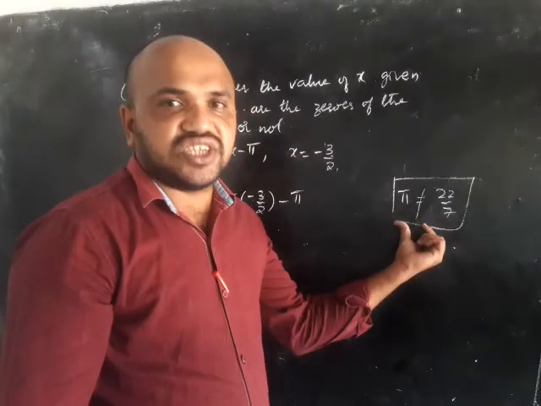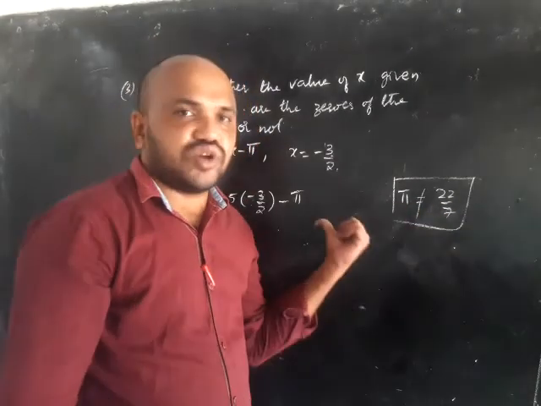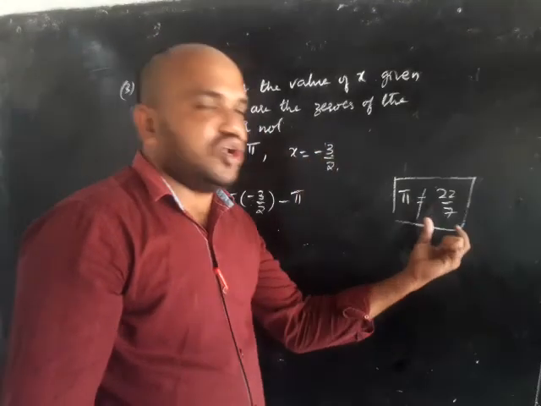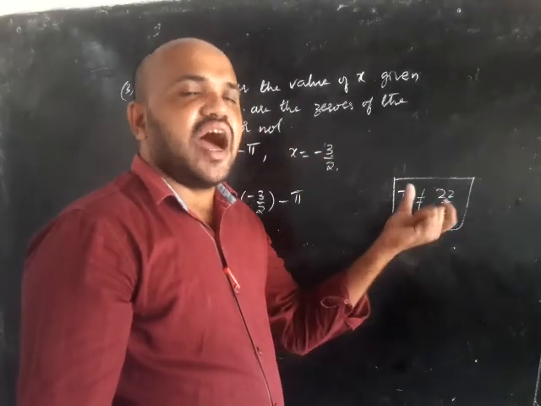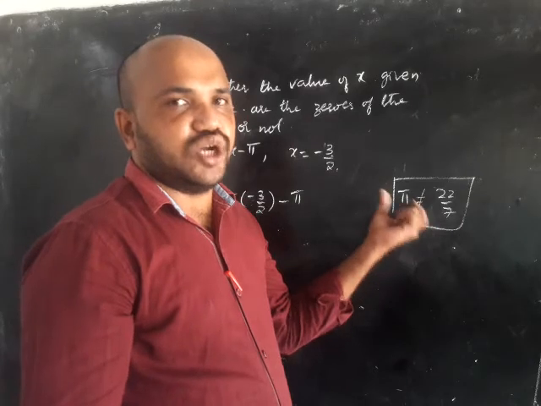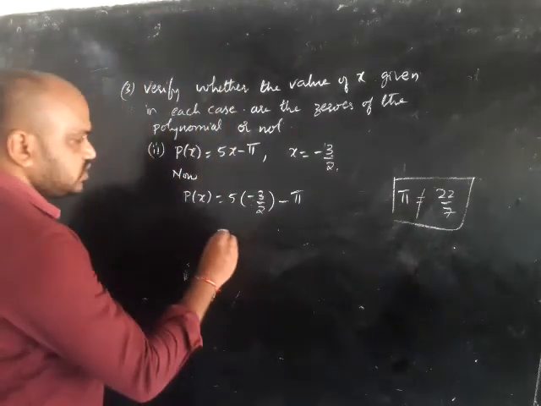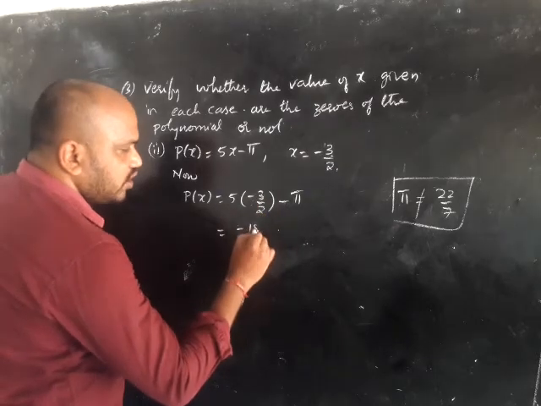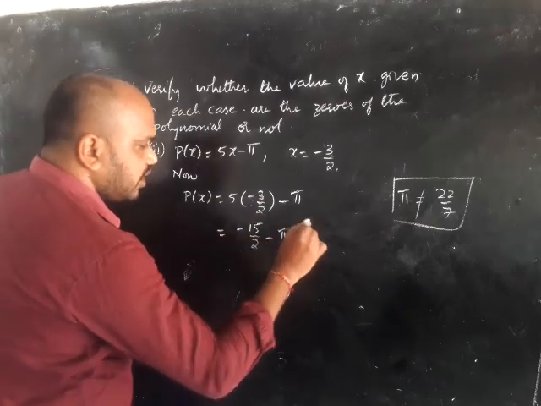Pi is an irrational number. Don't take pi as 22 by 7. In the problem, if he says to take pi as 22 by 7, then we have to take. Otherwise, we must not take pi as 22 by 7. See here, minus 15 by 2 minus pi.